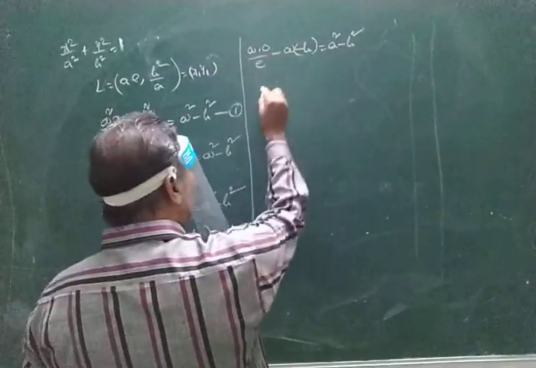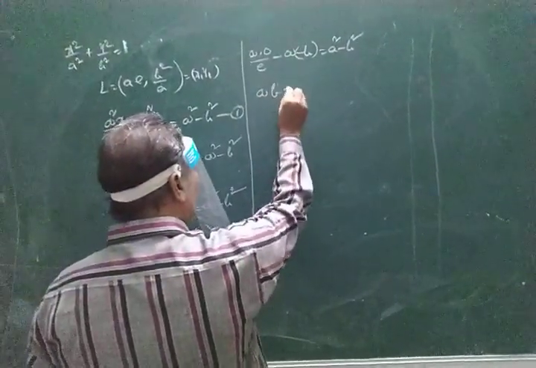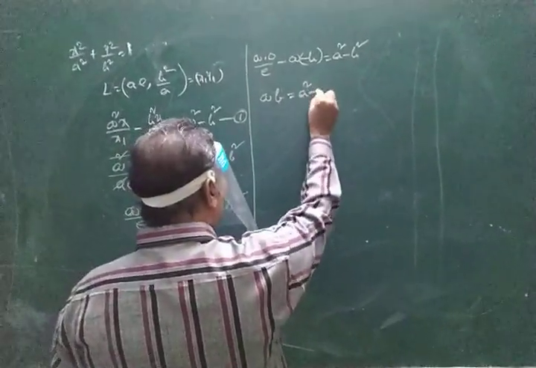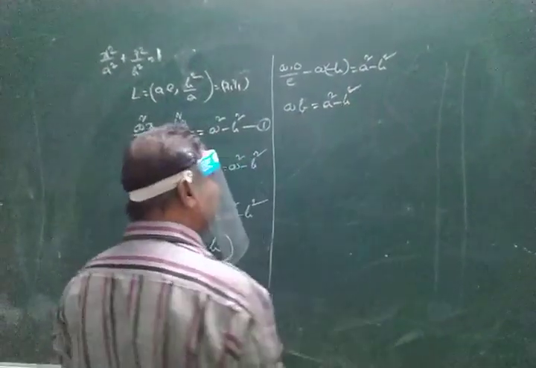So minus into minus is plus: ab equal to a square minus b square.